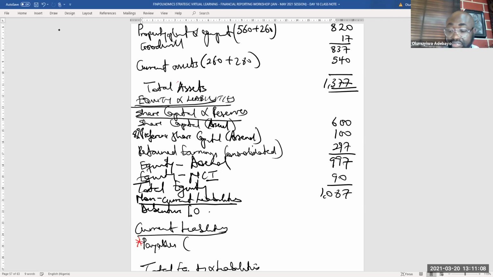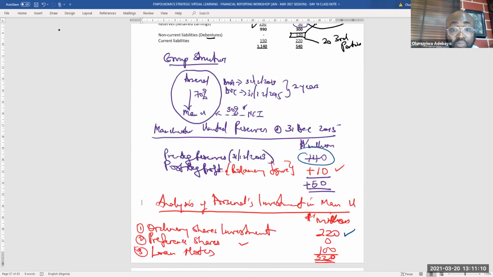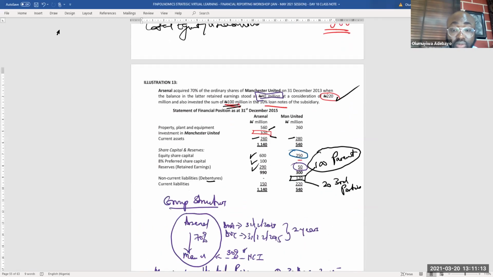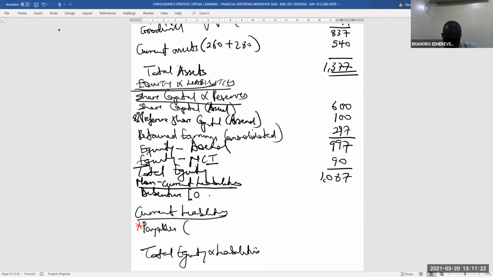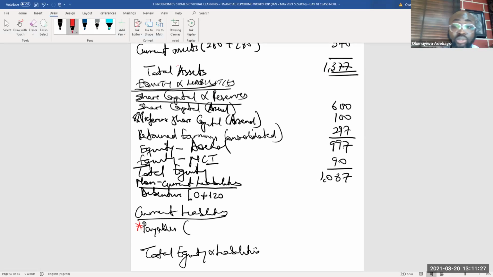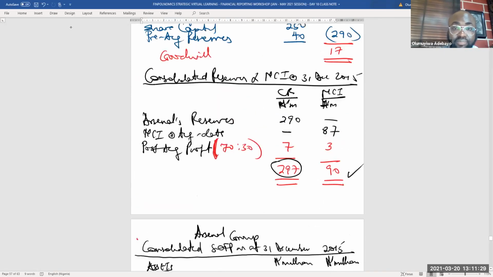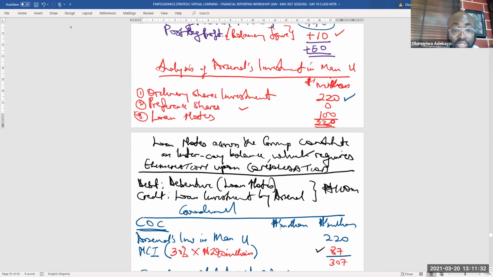The parent does not have a loan, it has 0. The subsidiary has 120. It is 0 plus 120. And remember, we said we should eliminate. We said we should what? Eliminate. How much? 100. Therefore, we deduct 100.